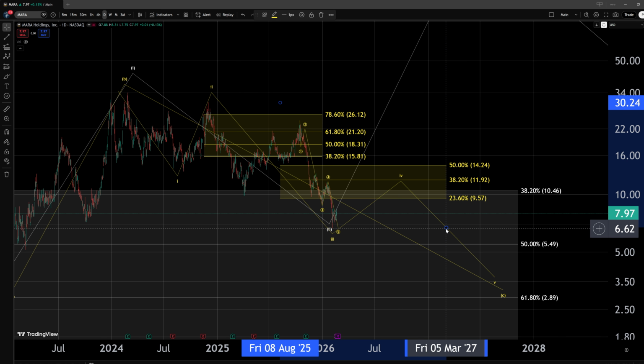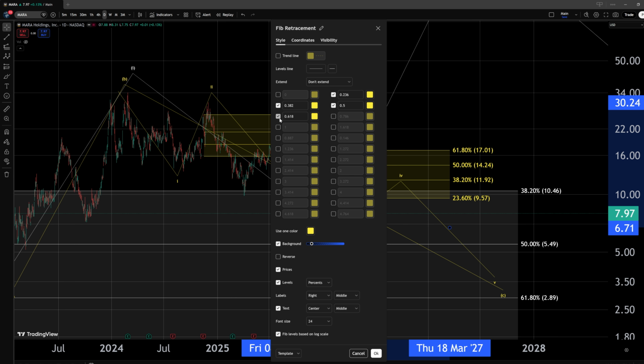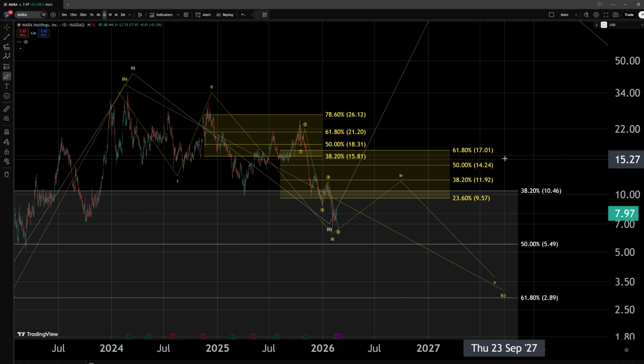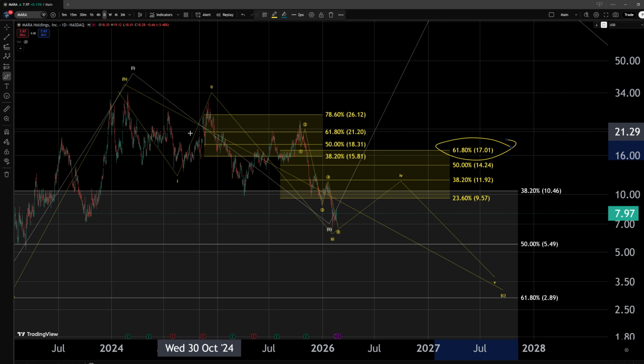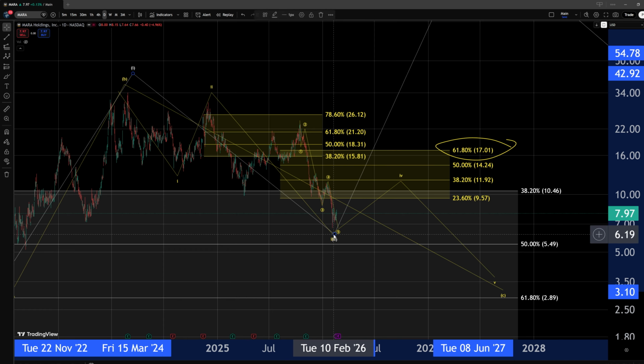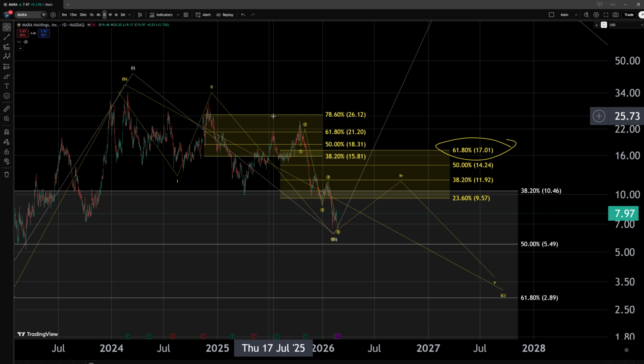This is once again assuming we have a bottom in place for this wave 3, so I would be watching the 61.8% retracement at the $17. I would actually need to break this for a strong indication that a more substantial bottom is in place within this wave 2 in white, and by doing this we will very likely break the yellow structure as well.